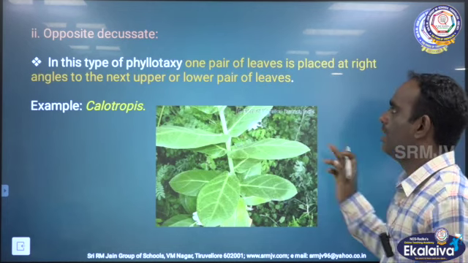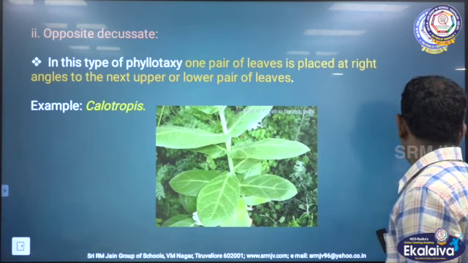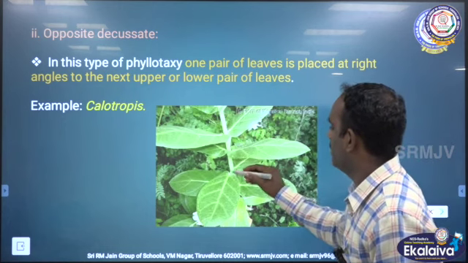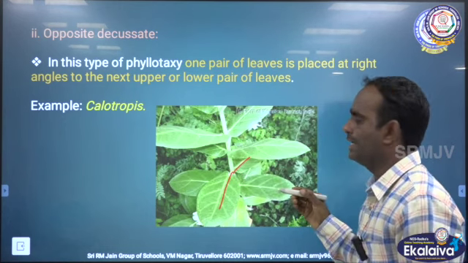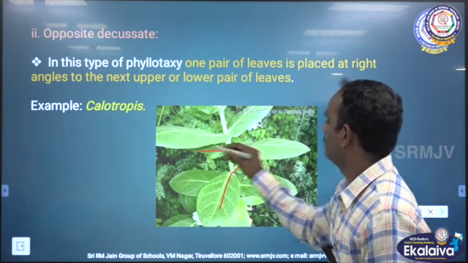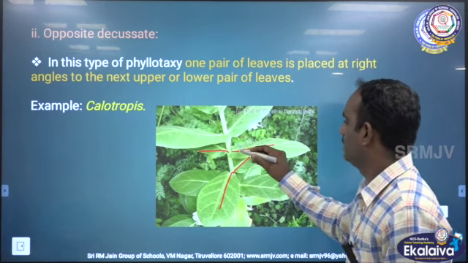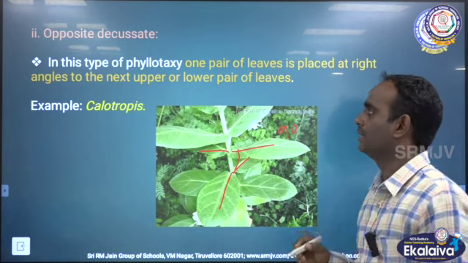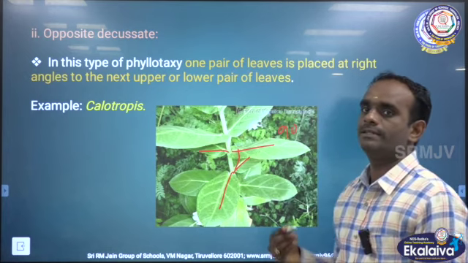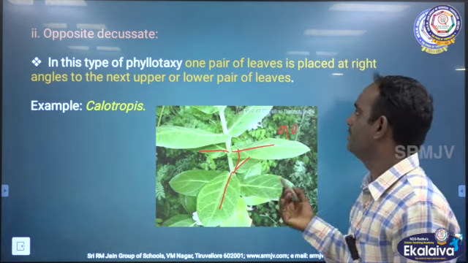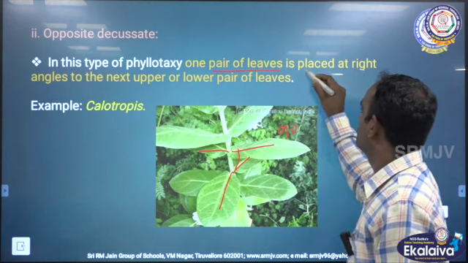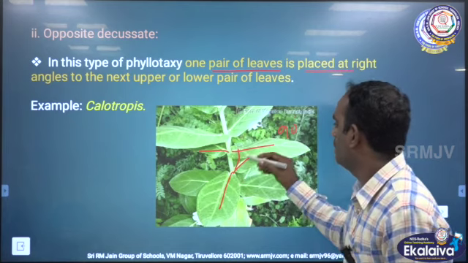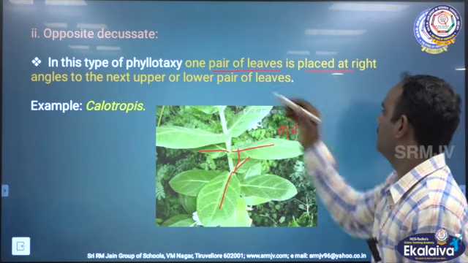Next one is opposite decussate. See the picture here. One pair growing this side and another pair to the opposite side. The angle between these two pairs is 90 degrees, right angle. So in this type of phyllotaxy, one pair of leaves is placed at right angle to the next pair.